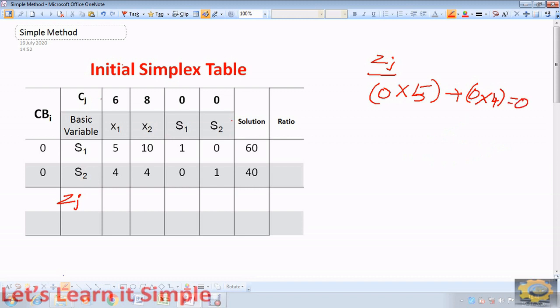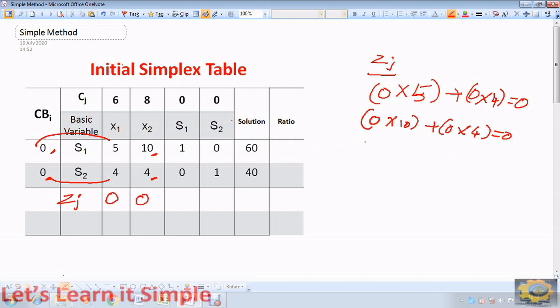Now in the second column, that is the x2 column, we multiply 0 into 10 plus 0 into 4. Again it is 0. That is, the 0 is multiplied with 10 here, the 0 is multiplied with 4 again here, which is 0 again. So bring it here.